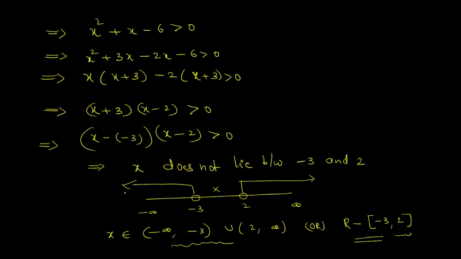Total R means total minus infinity to plus infinity. You have to exclude this part, so the remaining part is the answer. The required part is this underlined part. So subtracting from total R this part will be the answer. Both are correct answers, right?